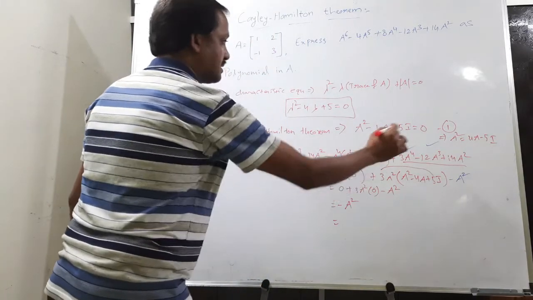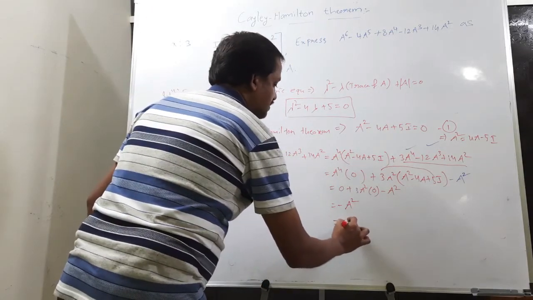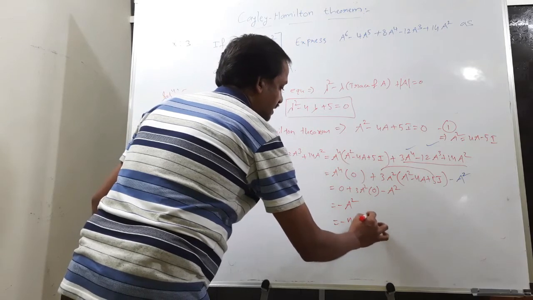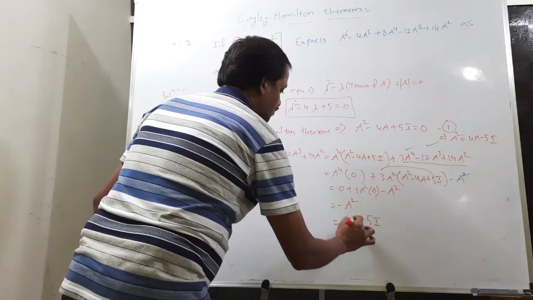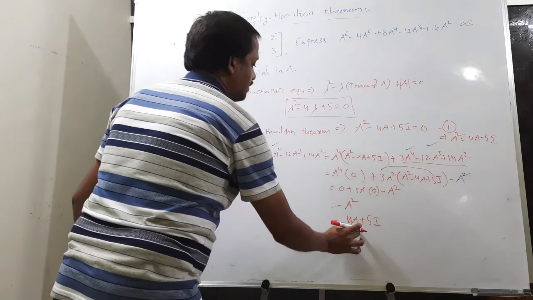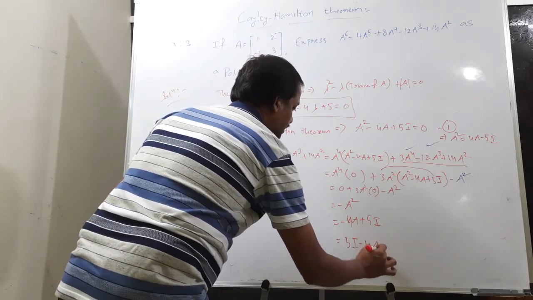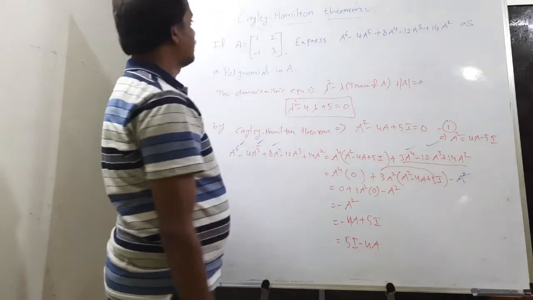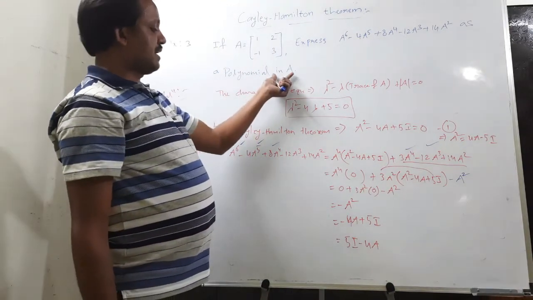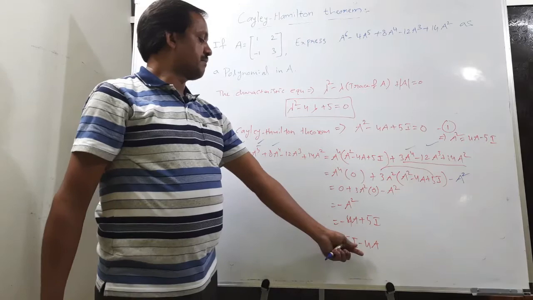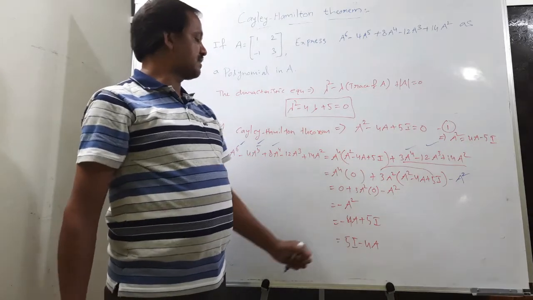So minus of A square means minus 4A plus 5I, that is, 5I minus 4A. You can simply write 5I minus 4A. It is expressed as a polynomial in A, and the remaining is a constant.